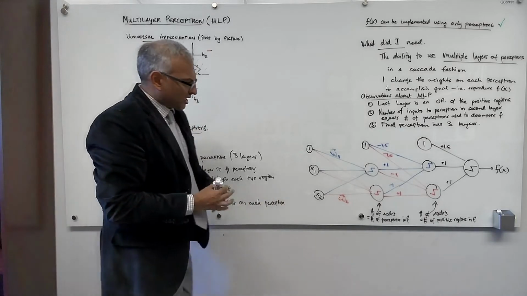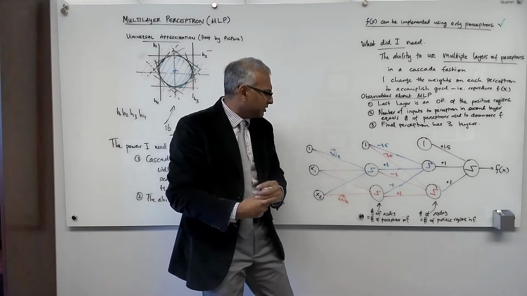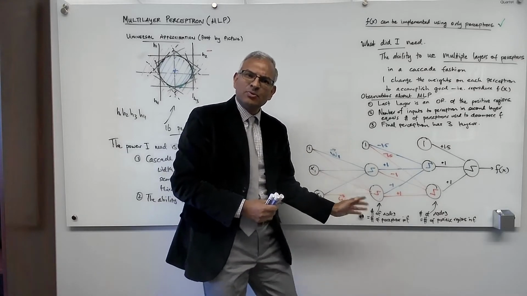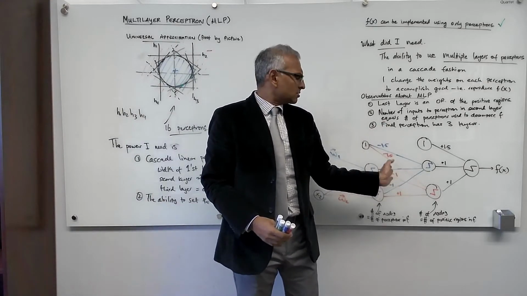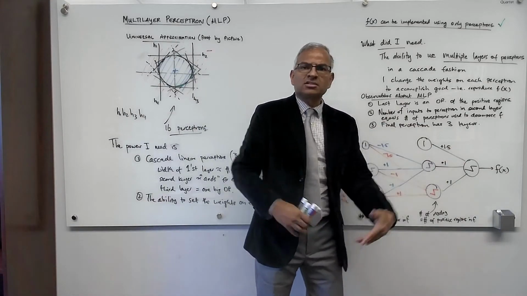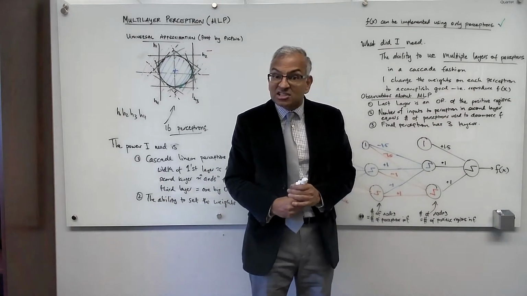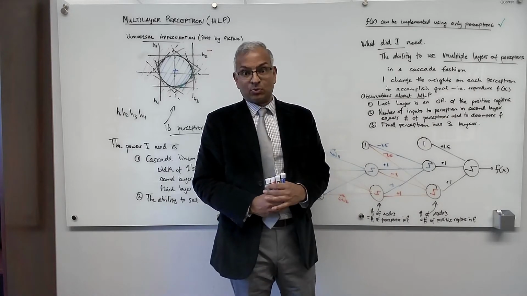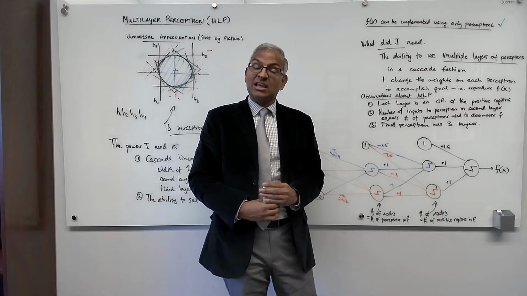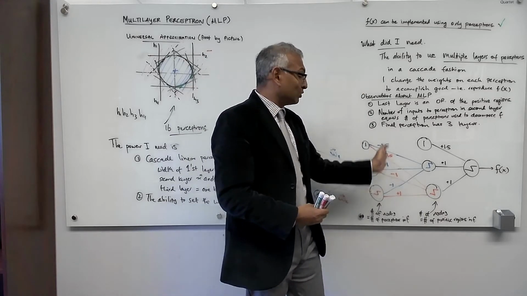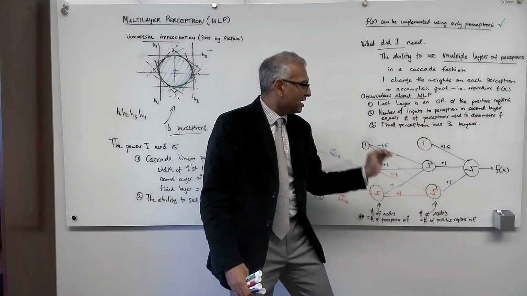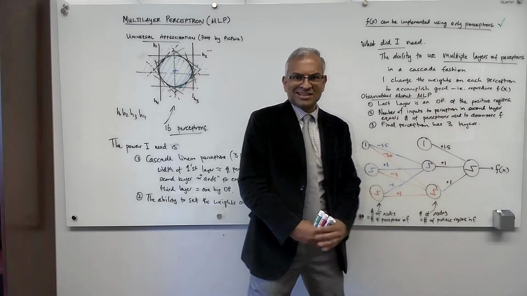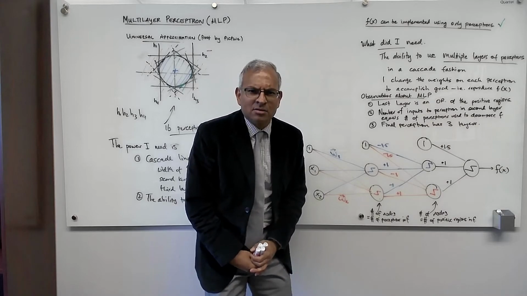Now it turns out that I really only need the ability to set the weights in the first layer, which defines these individual perceptrons, because the second layer is computing all ANDs, and the third layer is computing an OR, and so those weights can be fixed. If I wanted to do it that way, but we can get more flexibility by giving us the ability to even change these weights and do more than just AND in this layer and do more than just OR in this layer.